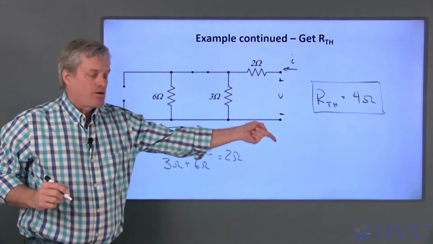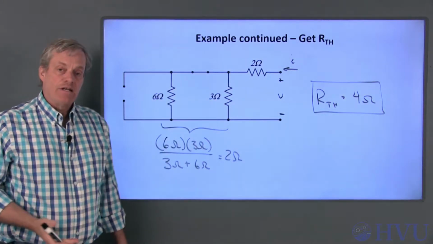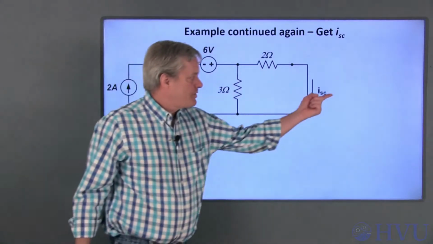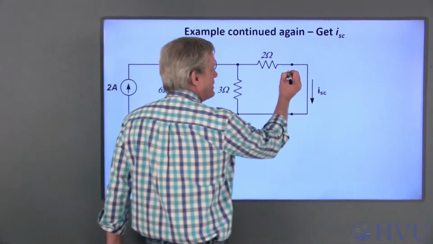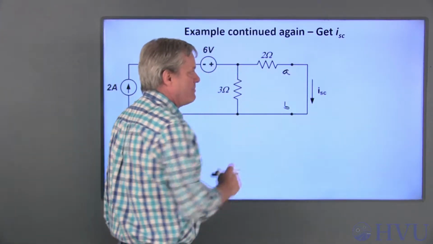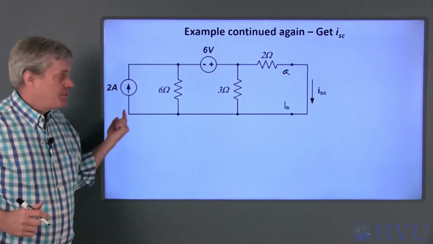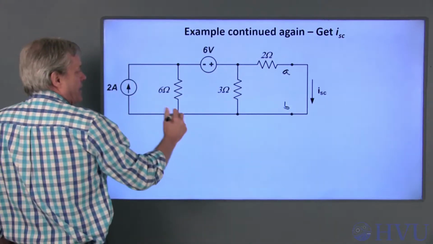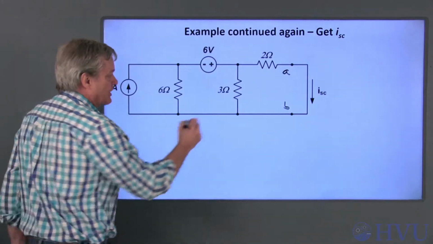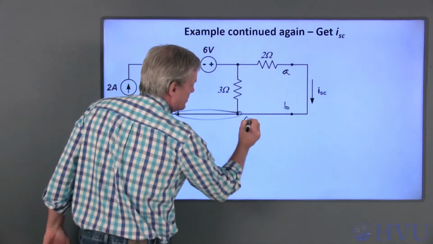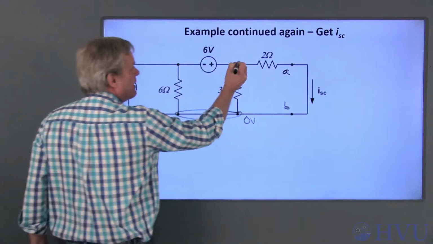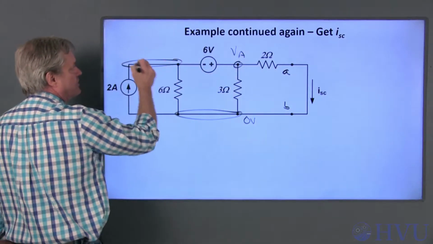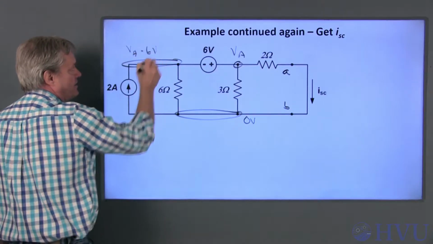Now let's connect a short across the terminals and find the short circuit current, ISC. To find the short circuit current, ISC, we connect a short across terminals AB, replace the sources in this circuit, and calculate this current. This looks like a good application for nodal analysis. I'll make this my reference node, 0 volts, and I'll make this VA. This is a dependent node, so it's VA minus 6 volts.